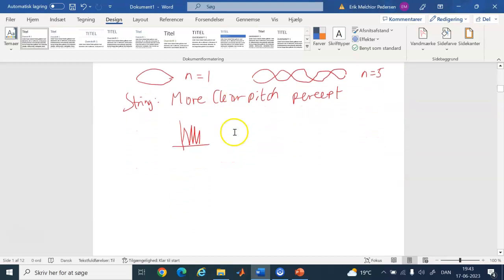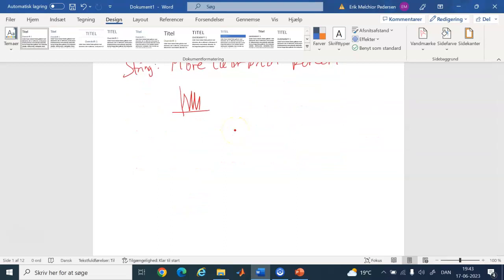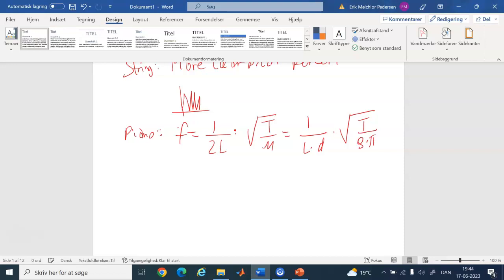And then if we have a piano, how to make it? f is, as we know, 1 divided by 2L, and can also be written as we saw, 1 divided by L times D, the length, and so on.